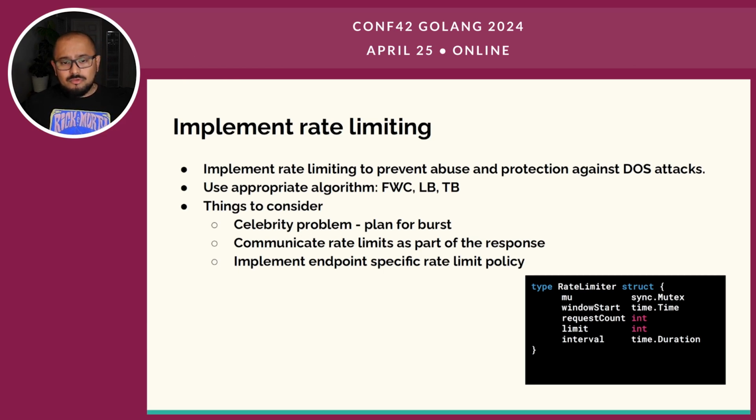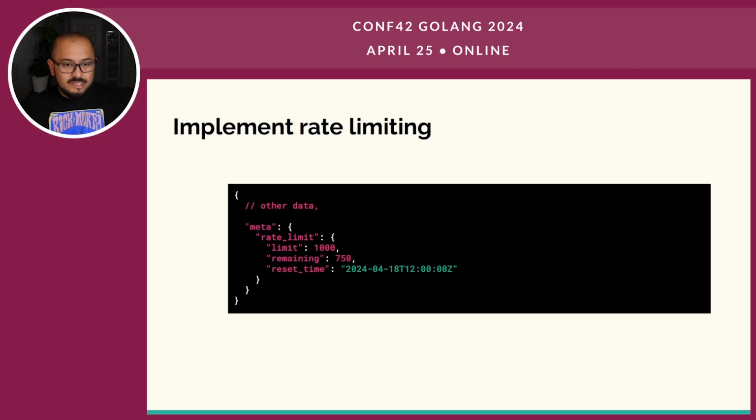And what I like to do is respond with the rate limit as part of the response metadata. For example, here I am responding with the total limit of requests, the remaining amount of limit, and also the next time the rate limit window would be reinitiated. Basically this is the next time the rate limit would be reset.